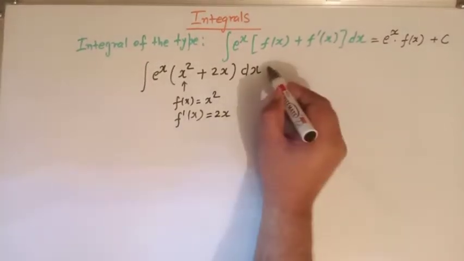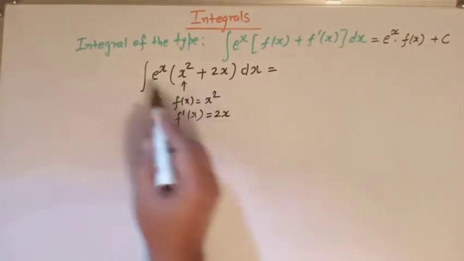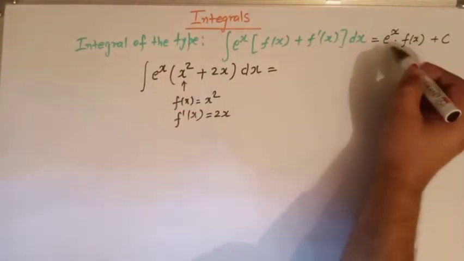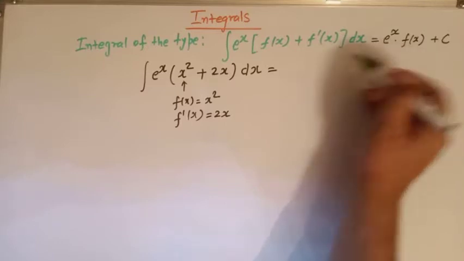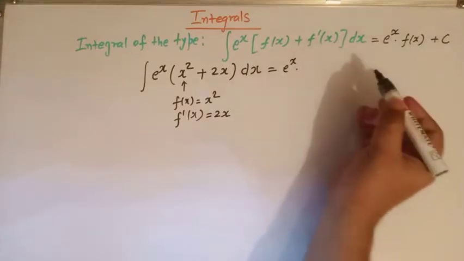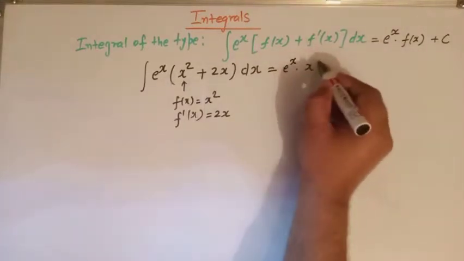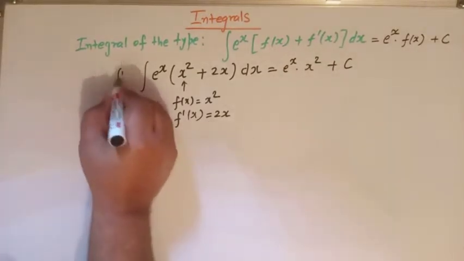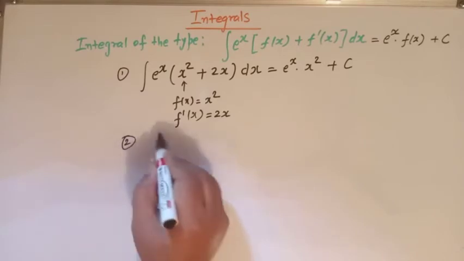Clear? So we can directly write the solution of this integral by using this formula. So we have e raised to x times f of x, that is x square, plus c. Clear?